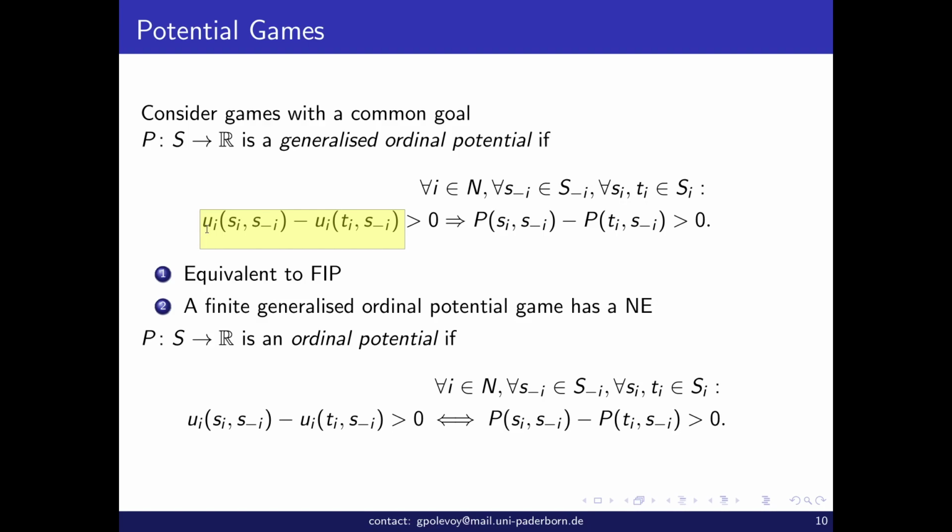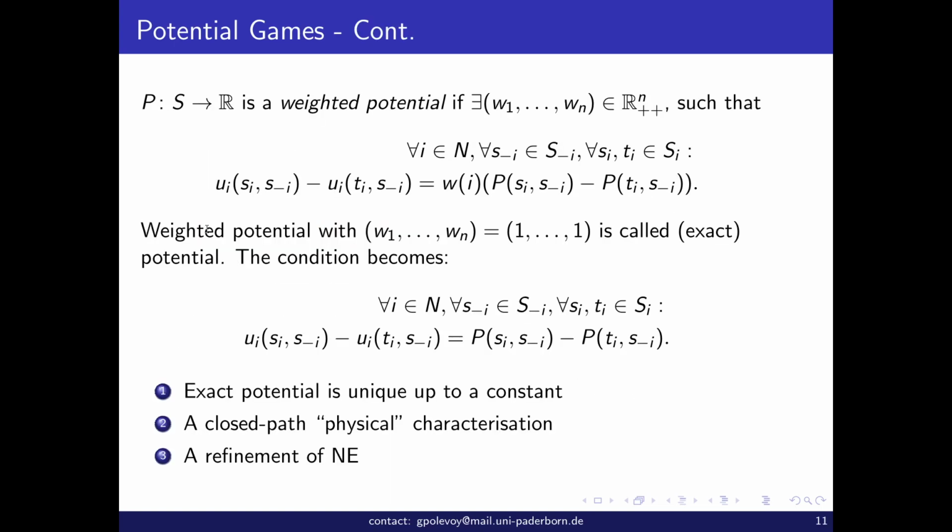So if some player cannot locally change her utility, it does not mean, even for the case of an exact potential, that there is no higher value of the potential somewhere else. But this can be used as a refinement of Nash equilibrium. So we can say that, okay, this is a potential game. Let us look at all of the maxima of the potential function.